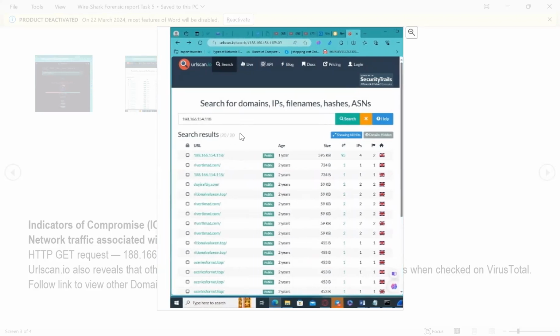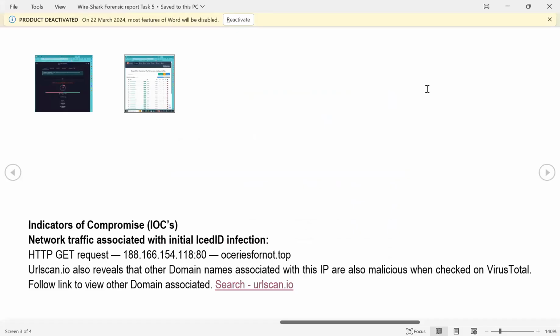So this is a screen grab he took of the URL scan, and the content around URL scan, I'm going to read to you. That is it, the indicators of compromise. It said network traffic associated with the IcedID infection. I still have a question around this for him. He said there's an HTTP GET request.